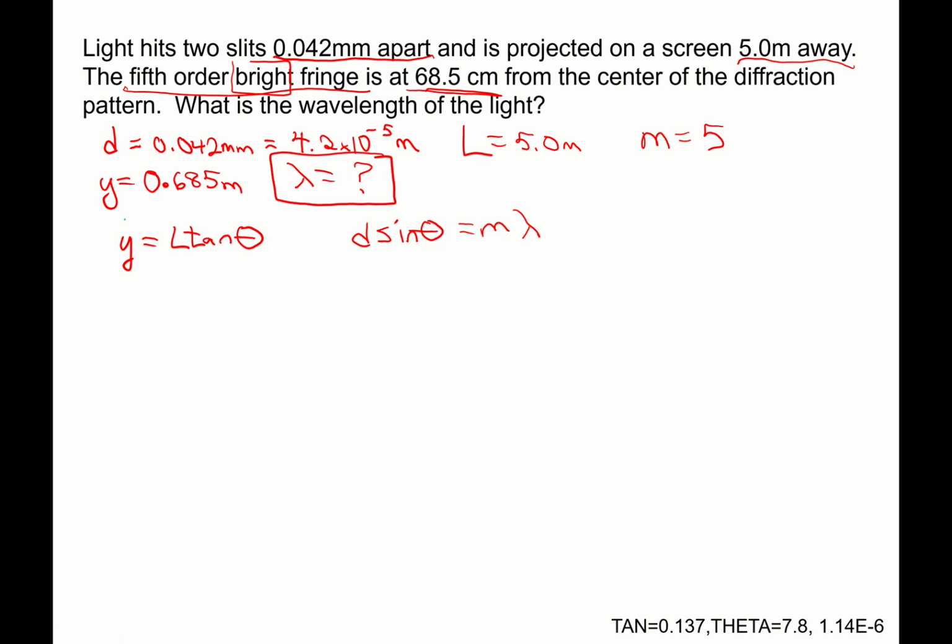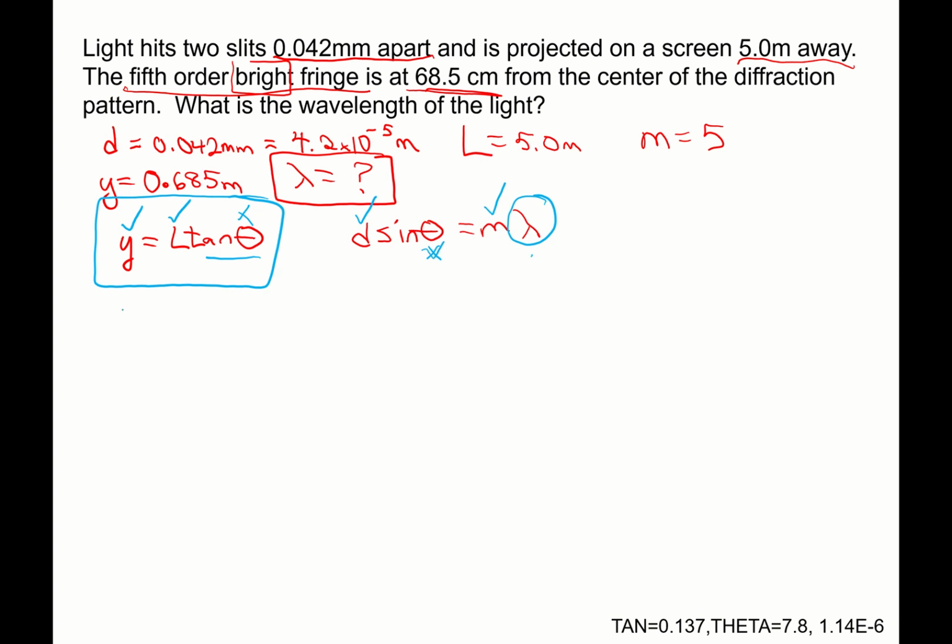Well, we know y, we know L, we don't know theta, we know d, and we know m, and we're trying to find lambda. We don't know theta, but we could use the equation on the left to give us theta, and then given theta, we could rearrange the second equation to find lambda.